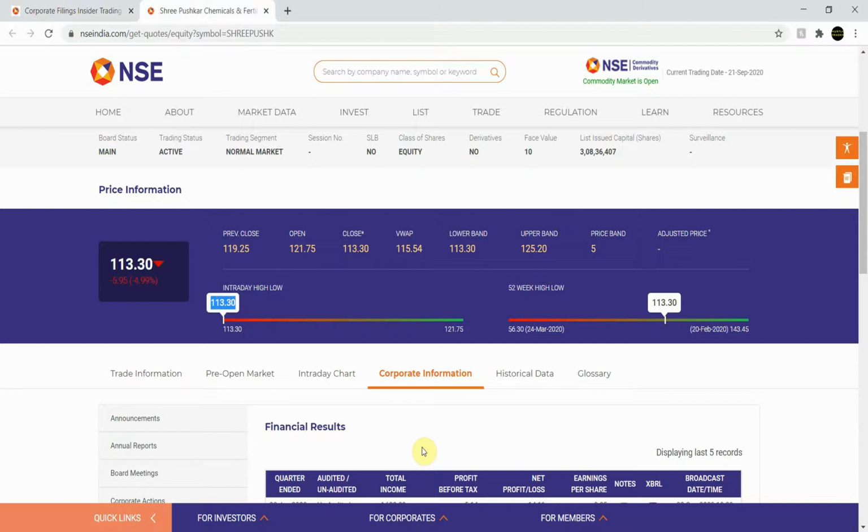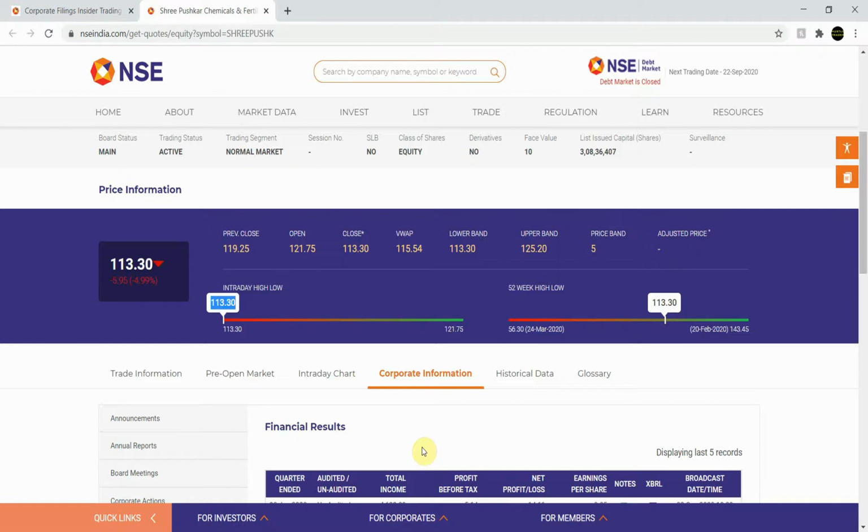Now let me just quickly repeat this. I've also said this in the previous two parts, that we want to make a position in the stock at the closest to the average price at which the promoters have made the position in the stock. This is a very crucial point. Also, it's not always possible to make the position at that exact price point, but we will consider a plus minus 3% range.